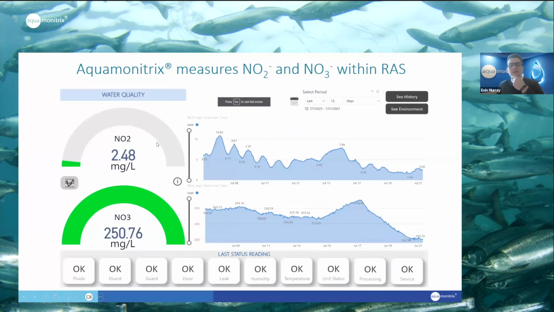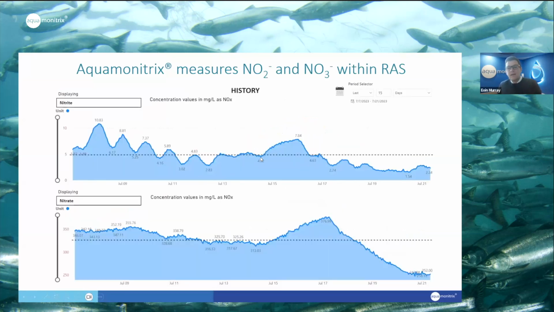So we just have a couple of examples of the real-time data being generated at some customer sites. This is essentially what our dashboard looks like. On our proprietary IoT platform, the customer has visibility of the nitrite and nitrate data in real time. If we look at the data, this customer in North America is using our system to work towards the reduction of their water usage, and this is the data they have available to them.